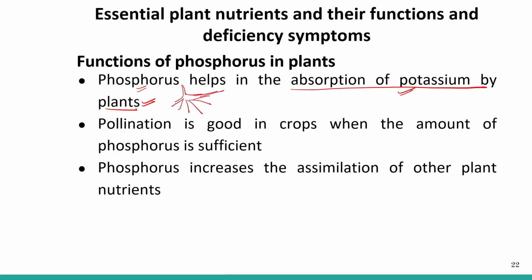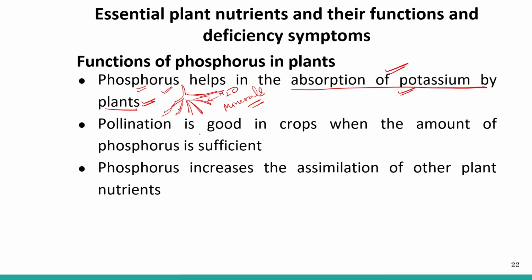And if the roots are properly grown, then only they can absorb water as well as different minerals. So if phosphorus is present in adequate quantity in the plant, then it will help to absorb potassium.